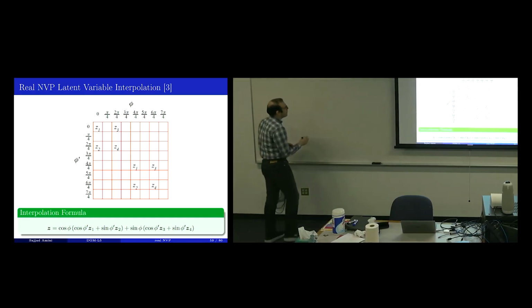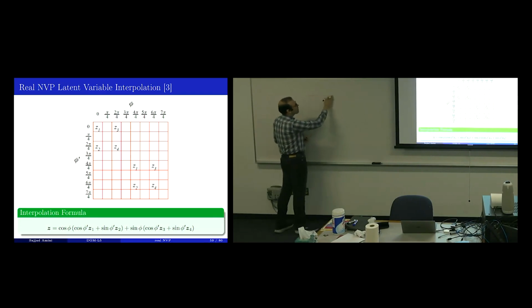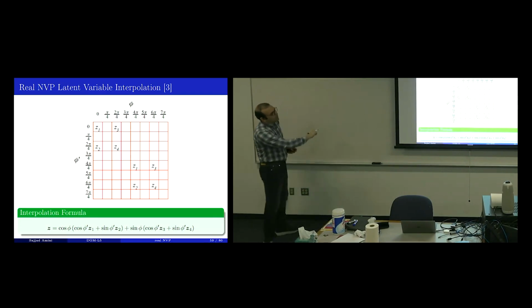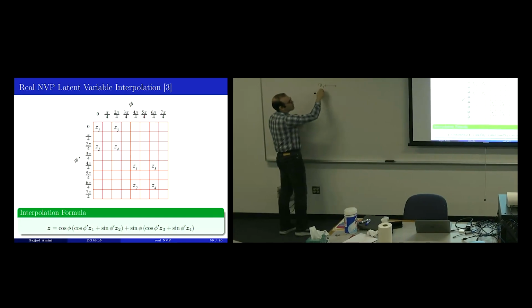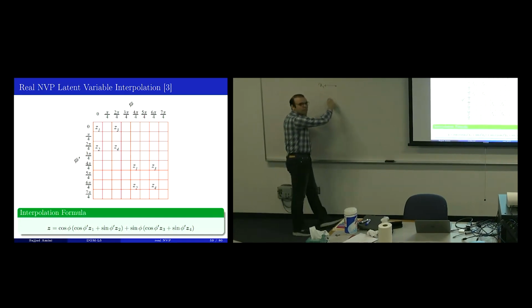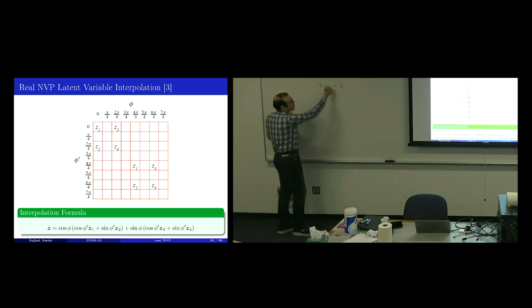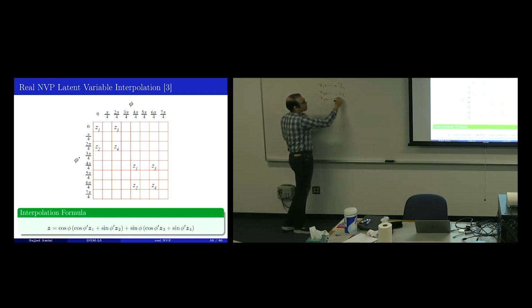Assume that I have two images. I have image x1, and we know that corresponding to this x1, if I have a flow model, I have a z1. And the correspondence is 1-to-1 because the transformations are invertible. x2 has a corresponding z2, x3 has a corresponding z3, and x4 has a corresponding z4.